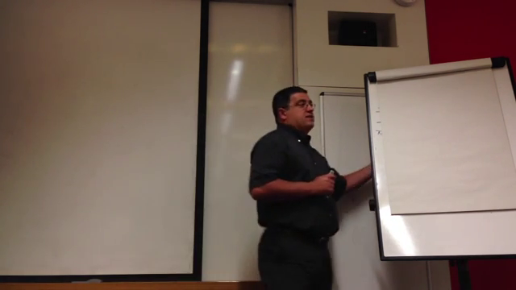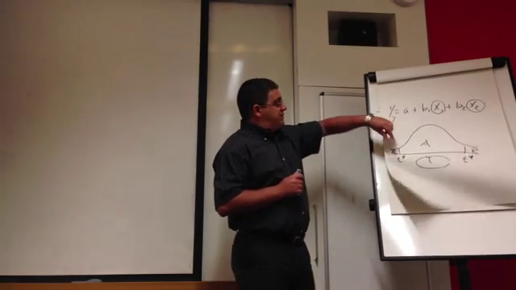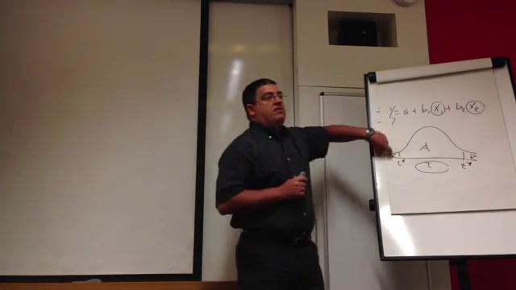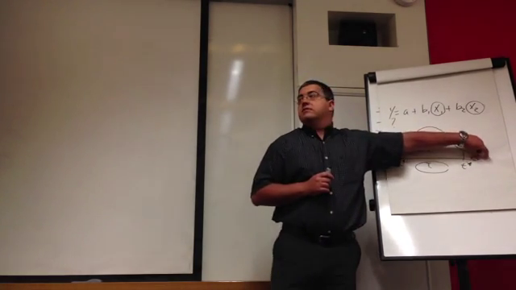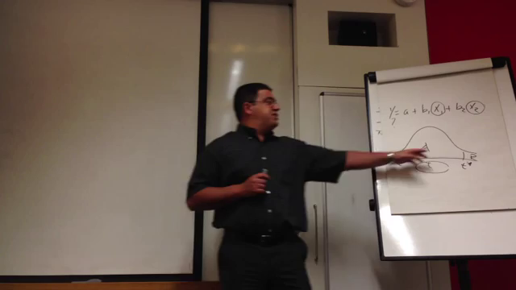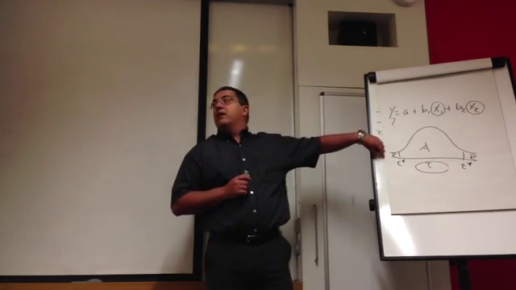It's a false statement? Yes. What is the significance level? Remember here, the significance level gives us effectively these areas. And what are these areas? Are we accepting or rejecting the null hypothesis? Rejecting.